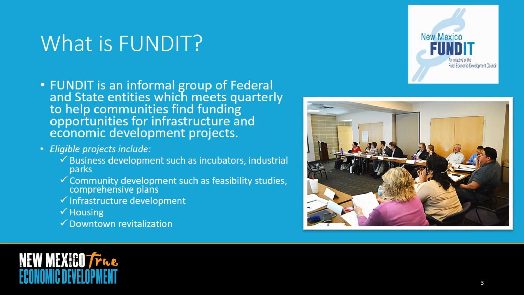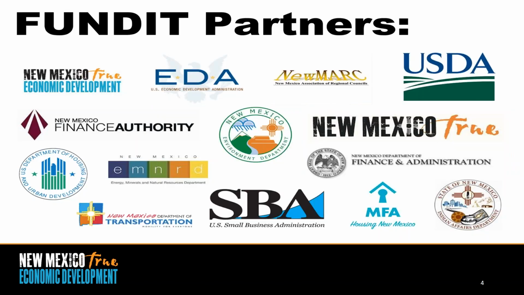They can network with funders. They can gain information from people that have had similar projects. So they're gaining a lot of information there and able to connect directly with the financiers. And on this next slide, you can get an idea of the funding partners that we have that participate.